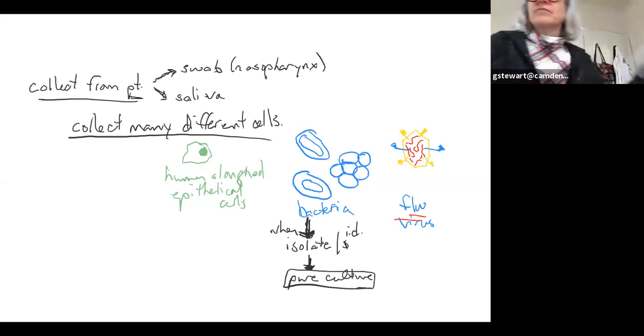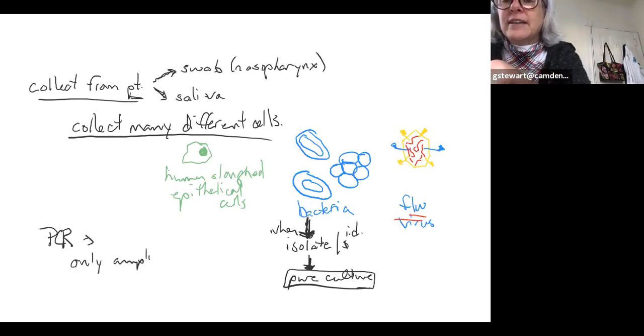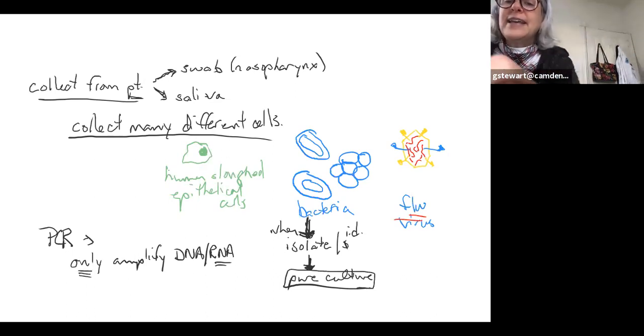So this is why it's PCR, because when you do PCR, you only amplify the DNA, or I'm going to put /RNA because we're going to talk about that RNA test. You only amplify the DNA of that target sequence. That's why it's super specific. That's why this works.